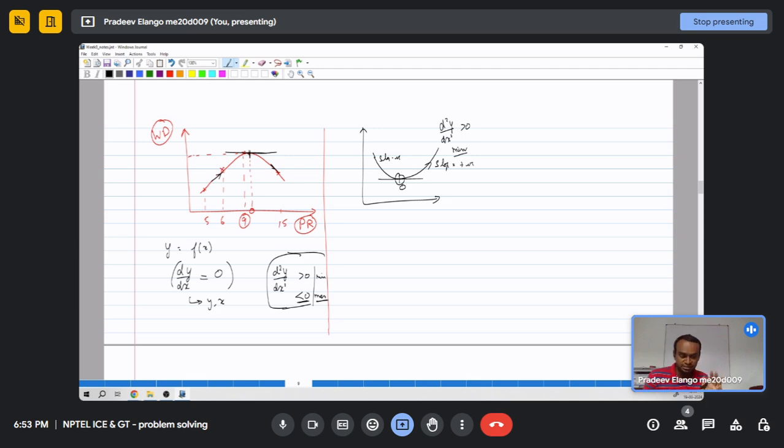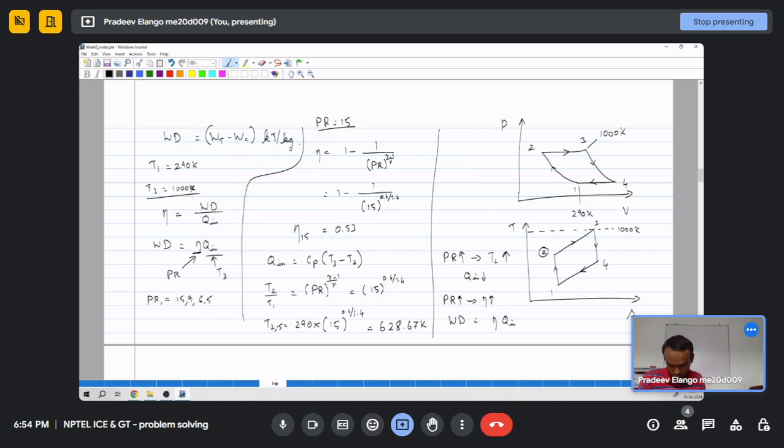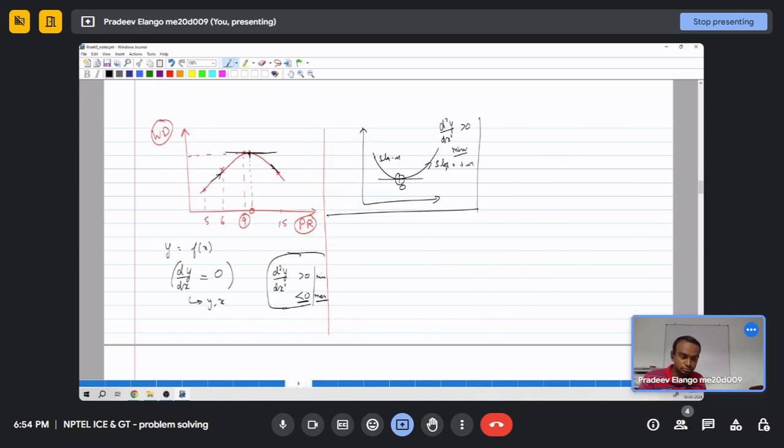Am I making sense, or is it too confusing? If you are not able to follow these, at least this one you are able to follow. Like if you find the slope and if it is 0, that means it is at the maximum value.